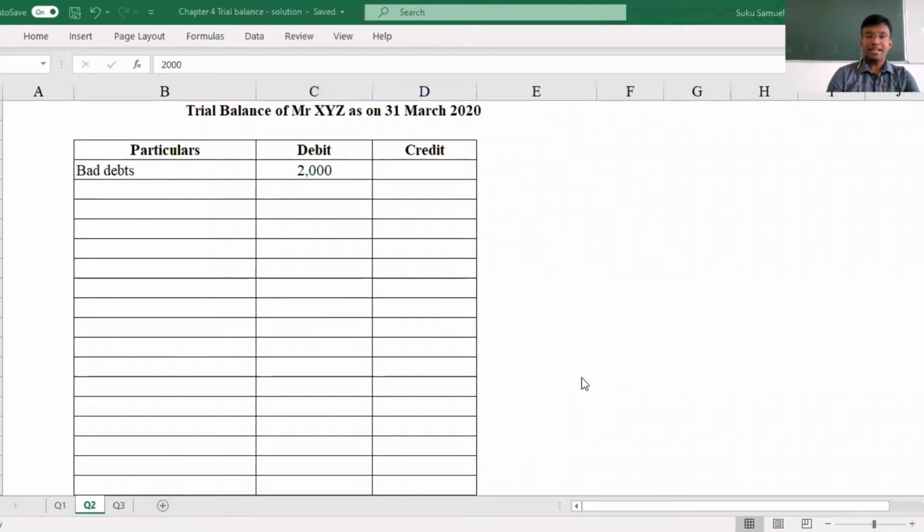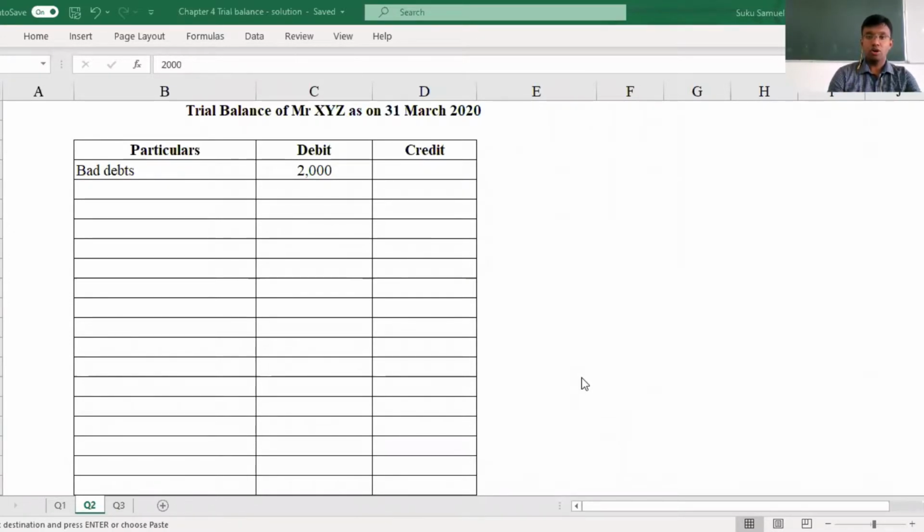Next is bank charges. The next item that we have is bank charges. So what is a bank charge? Bank charge refers to the charge that you have to pay to the bank for availing some banking services. For example, you may have to make a draft, or you may have to pay some money for using certain services.